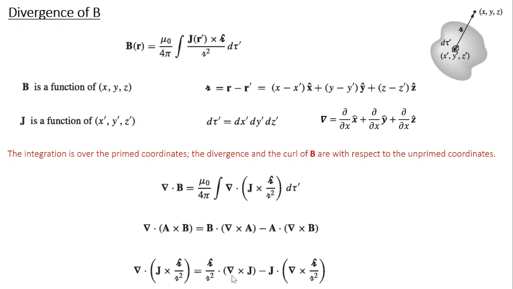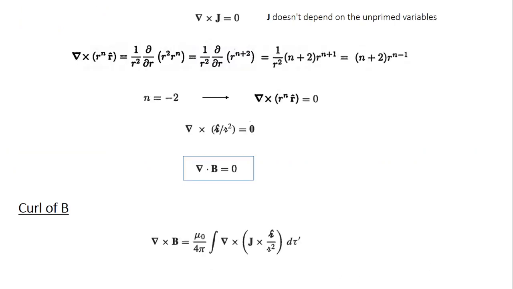So let's calculate the value of curl of J and curl of r cap by r square. Curl of J is 0 because, as I said, the del operator depends on the unprimed coordinates, whereas J depends entirely on the primed coordinates. So this gives you 0.